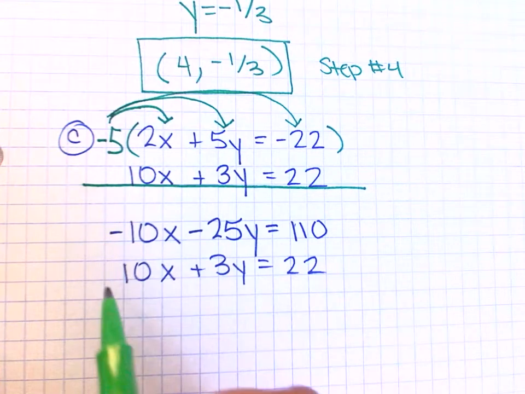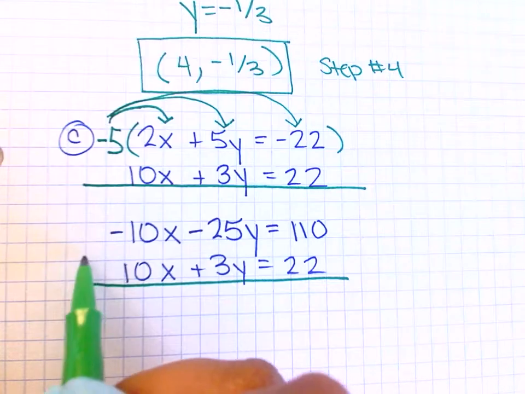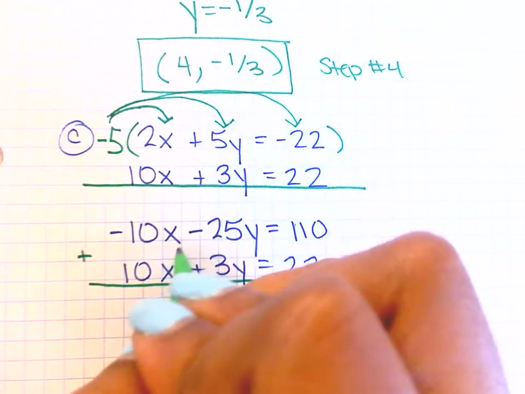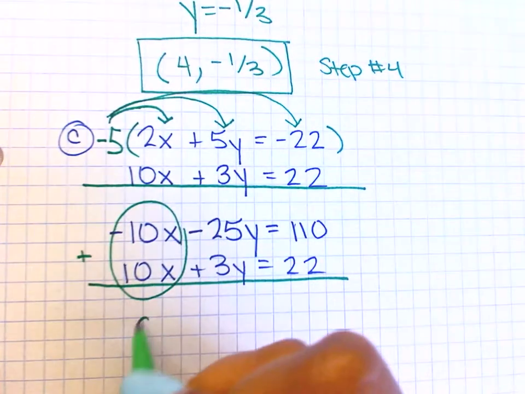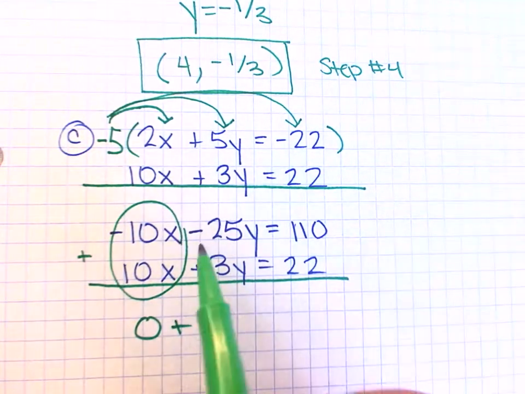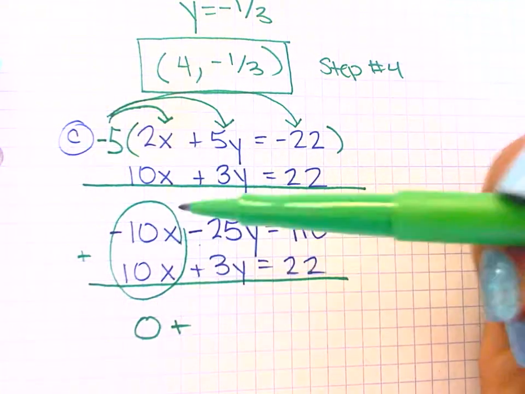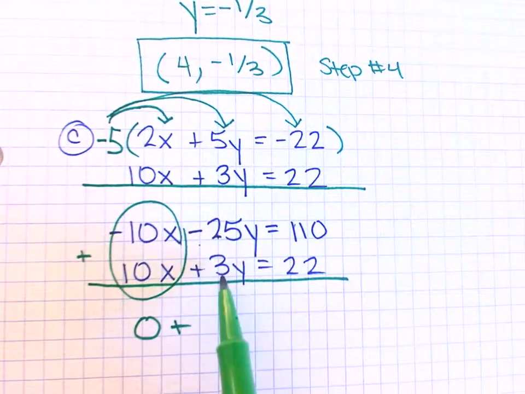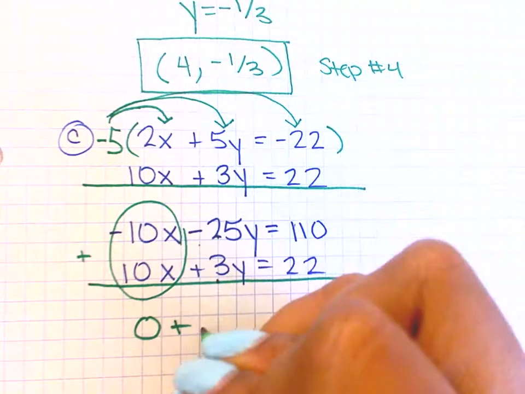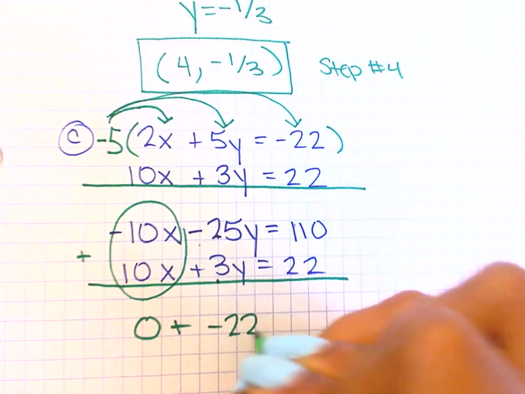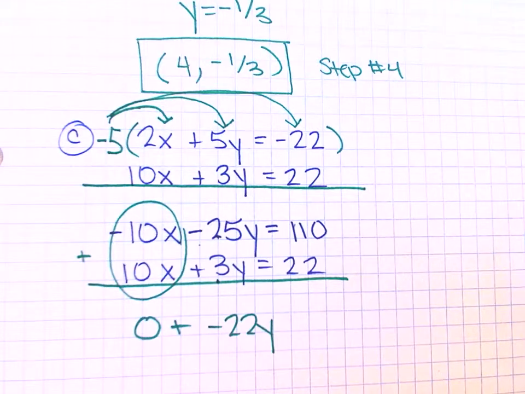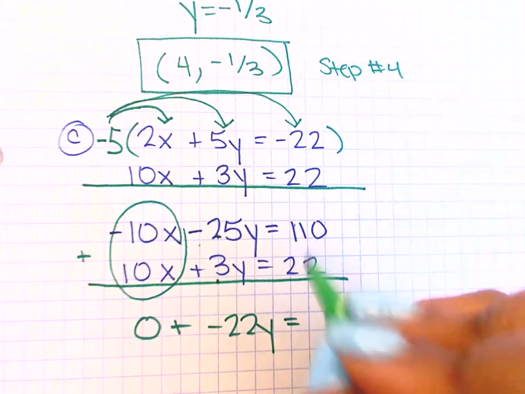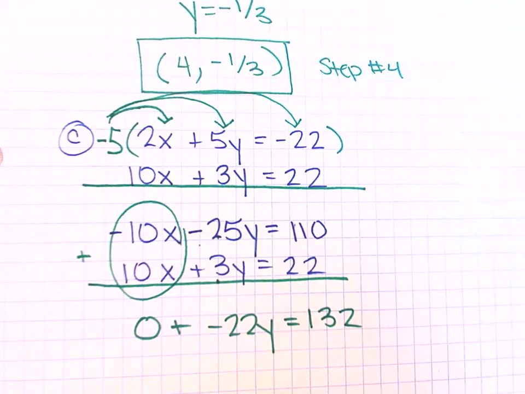Okay? So now I'm going to solve for the eliminated variable. Negative 10x and positive 10x is going to be 0. Plus negative 25y, so it's like I'm adding straight up and down. Negative 25y plus 3y is going to be negative 22y equals 110 plus 22, which is 132.